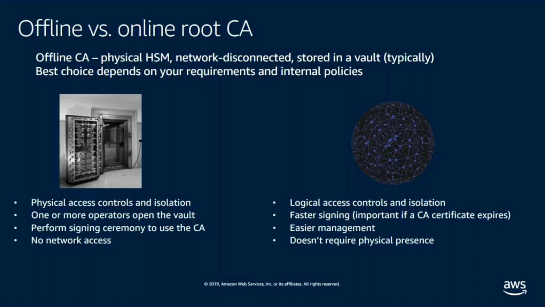The benefits of an offline root CA is primarily that it's never connected to the network. And so there's no chance of remote access. You have to have physical control of an HSM plus typically multiple security officers to perform an action like issuing a subordinate CA certificate. And so that gives you strong physical security without the chance of remote access.